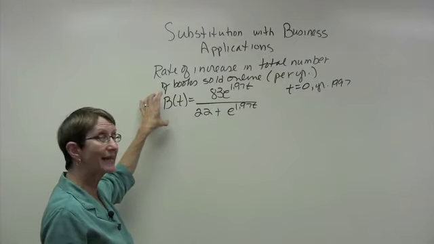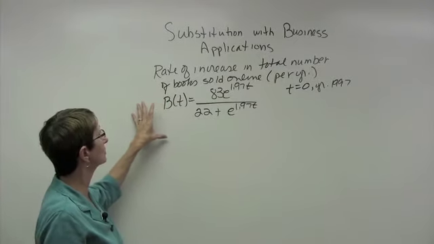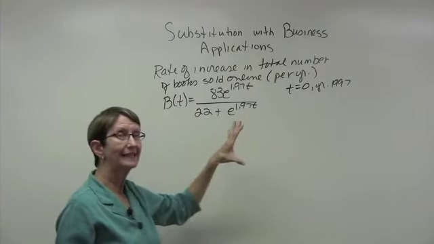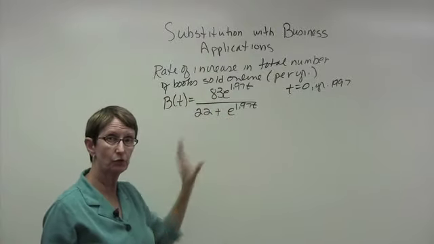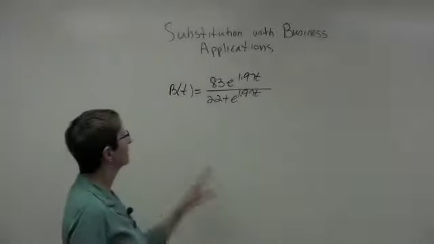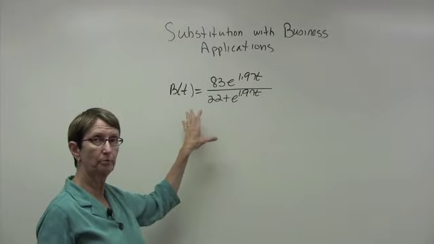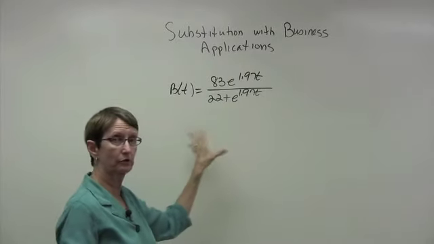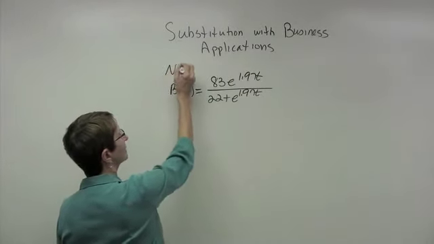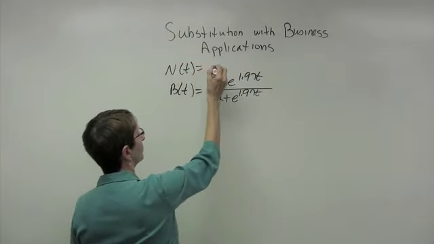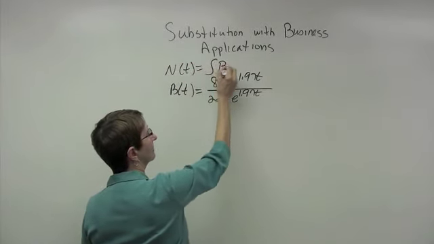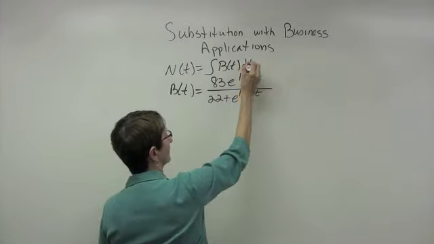Well, if this is the rate of increase in the total number of books, then what we want is the antiderivative of this rate. So to find the total number of books based on this rate of increase, my number of books, n of t, would be the antiderivative of b of t dt.